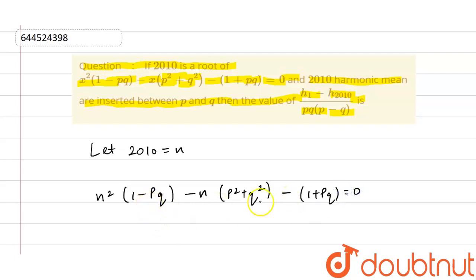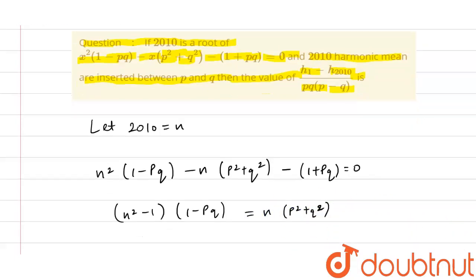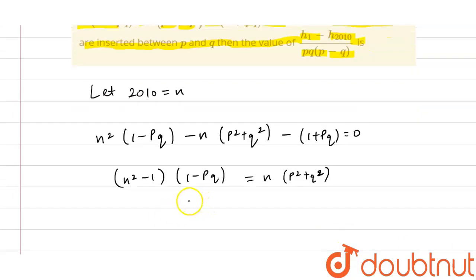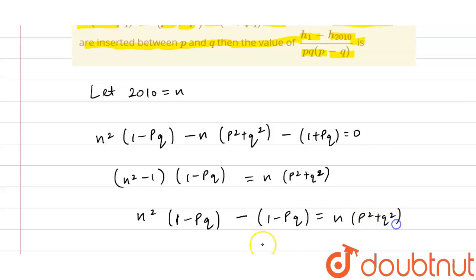If we take 1 minus pq common, we get n square minus (1 minus pq), and if we take this term to this side, we get it equals n(p square plus q square). Now if we open this bracket we get n square (1 minus pq) minus 1 minus pq equals n(p square plus q square).